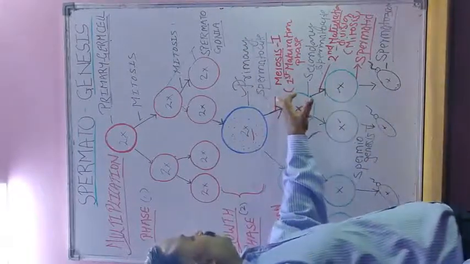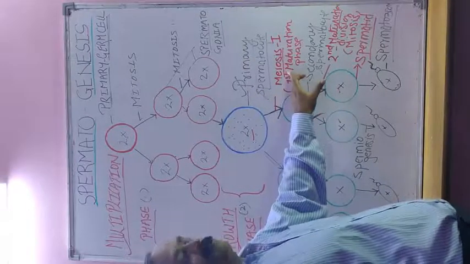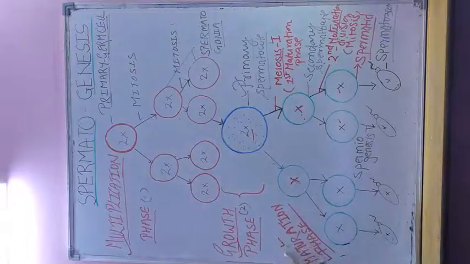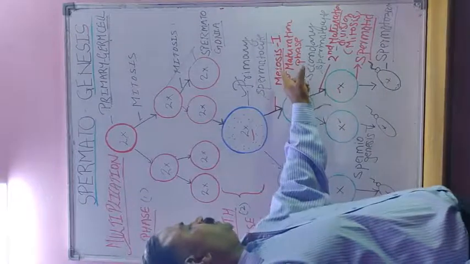The primary spermatocyte will divide by the first maturation division, because the third stage is the maturation phase. So by this word you remember first maturation division.